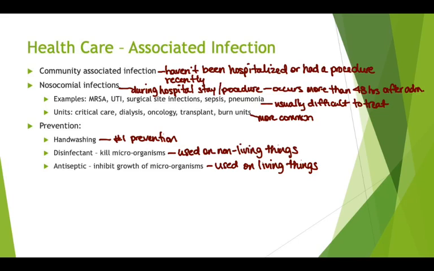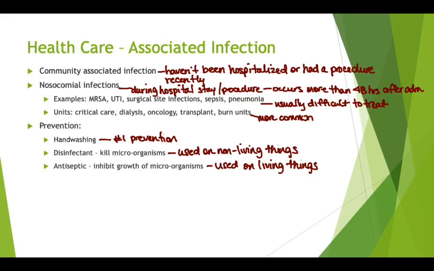The host defenses are then compromised. The most common mode of transmission is going to be direct contact. So hand washing is the single most important way of preventing nosocomial infections. That's why we stress it so much. That's why Joint Commission stresses it so much.